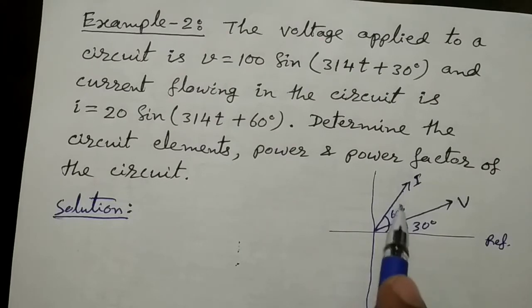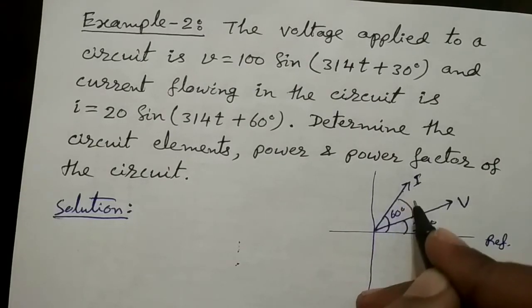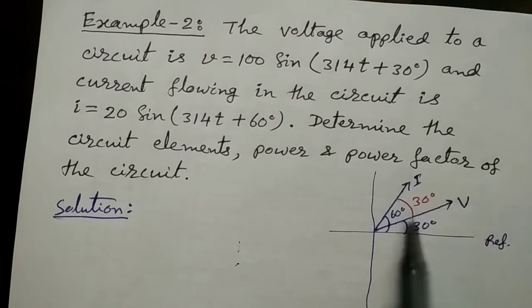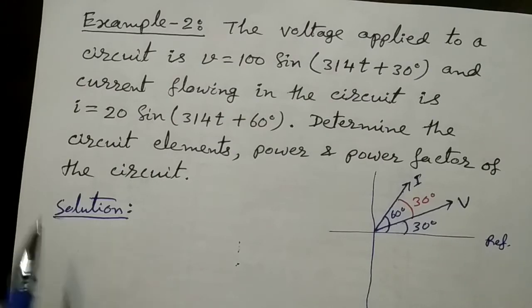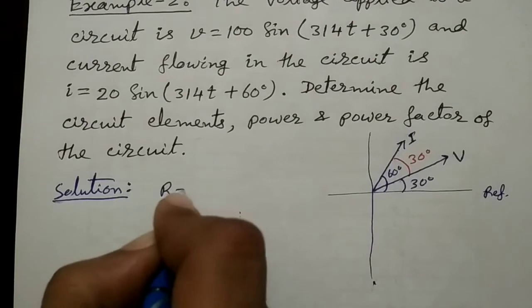From the phasor diagram we can see that the angle between voltage and current is 30 degree, and the current leads the voltage by 30 degree. Therefore, the nature of the circuit will be RC type.